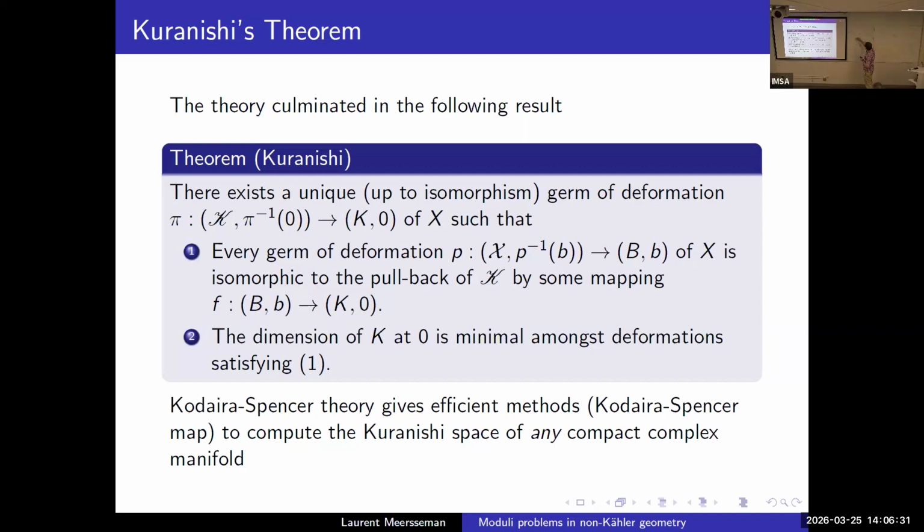But of course, when you do it in another chart, the lifts do not overlap, and the difference between local liftings is something which is tangent to X. So using Čech cohomology, you end with an element in the first cohomology group with values in the tangent sheaf.